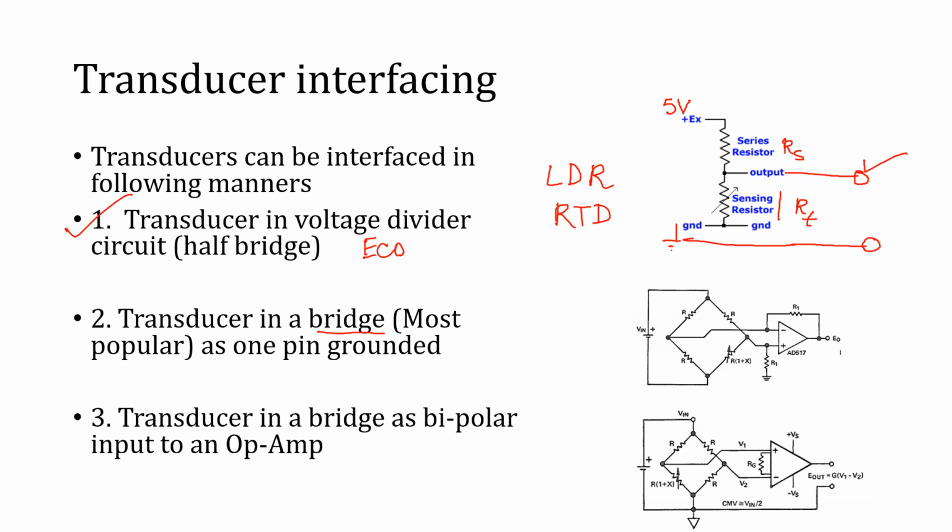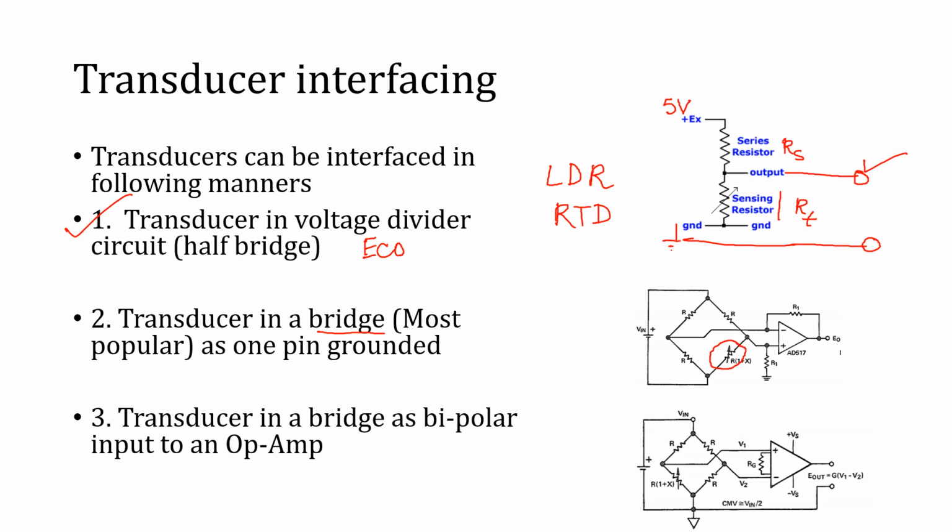like we can do the amplification also with the arm ratio. Although we have an op-amp, we can manage some kind of arm ratio and manipulate the amplification of this bridge. So in the second case you can see we have the bridge, and in the bridge here is the transducer.